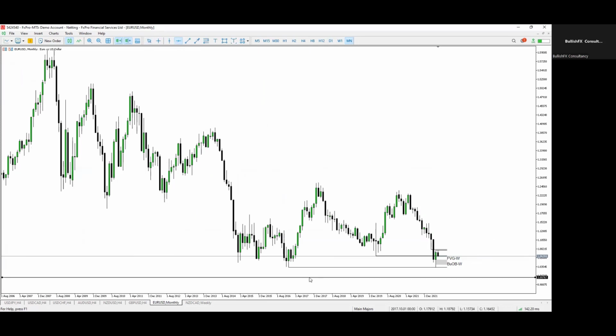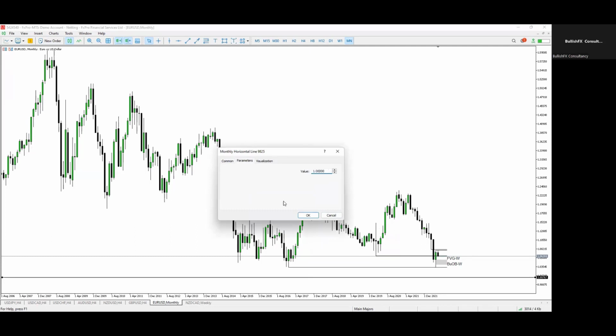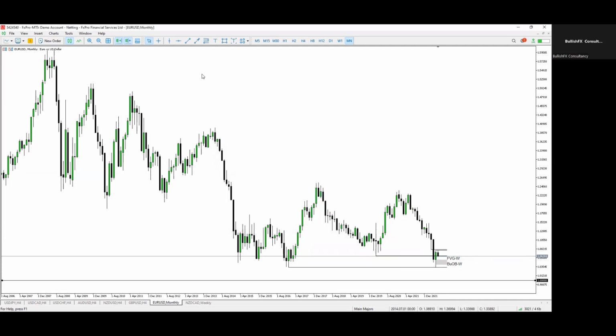Let's see where it is. 1:1. Okay, we just need to put zeros there. It's not that far. Parity on euro USD from current price, we're looking at about 630 or so pips.